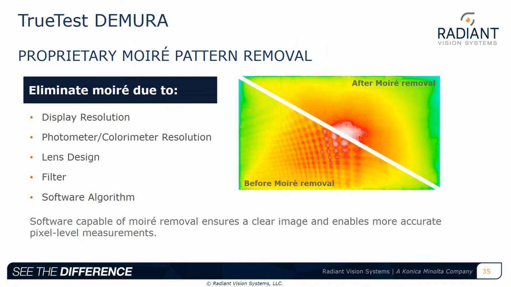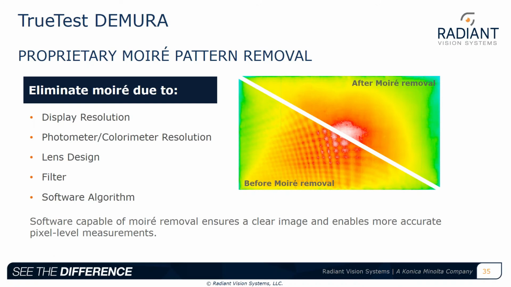TrueTest Demura supports automatic removal of the Moiré pattern. The image on the left, before Moiré removal, shows systematic errors that can be due to the display resolution, the imaging colorimeter CCD resolution, and the optical lens design.